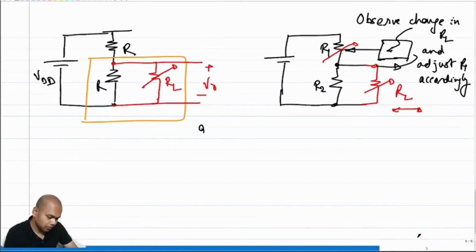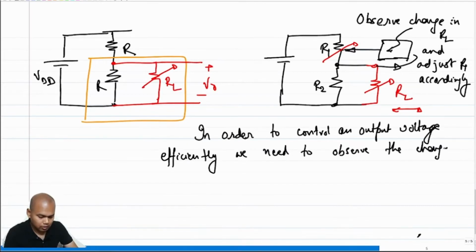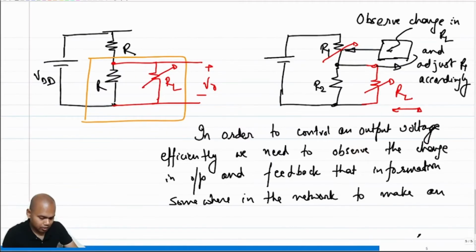That is, in order to control an output voltage effectively or efficiently, we need to observe the change in output and feedback that information somewhere in the network to make an adjustment.